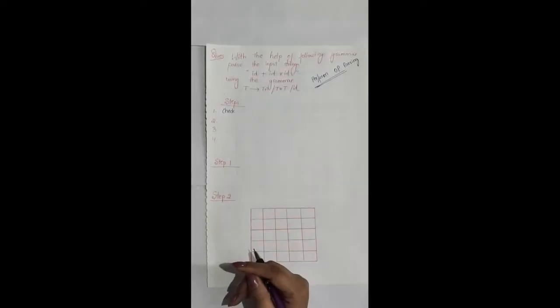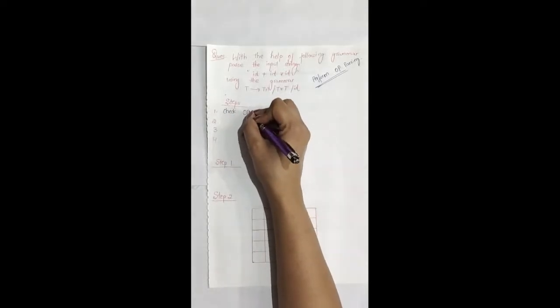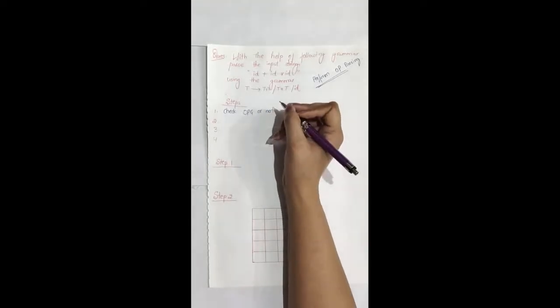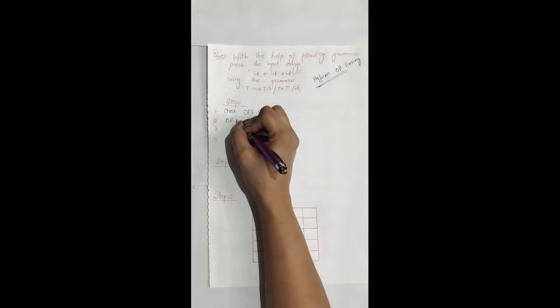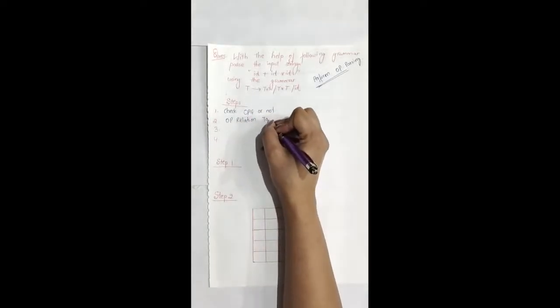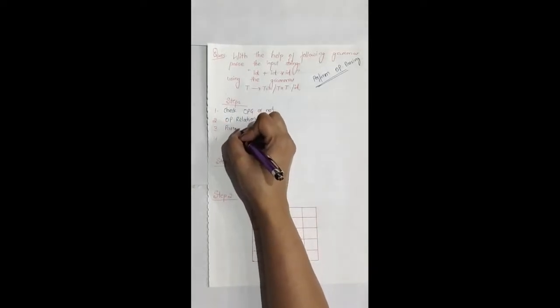The first step is to check whether the given grammar is operator precedence grammar or not. Second is to create an operator precedence relation table. Third is to parse the given string.